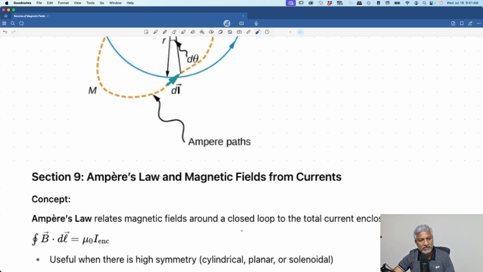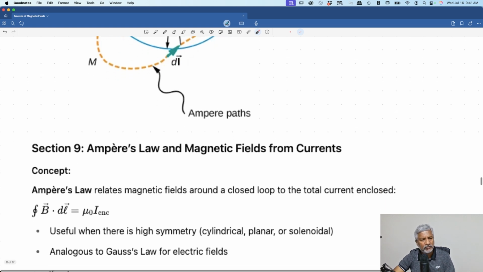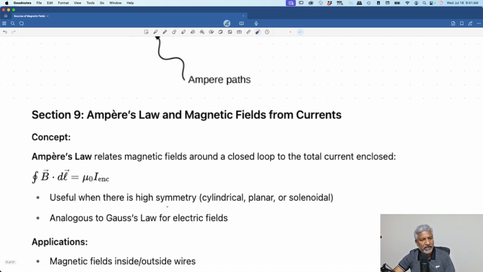Again, mu naught is the permeability of free space. And this law is very useful in cases of high symmetry like cylindrical, planar, or solenoidal. We're going to use that. And it is analogous to Gauss's law for electric fields, which we had used before, right?